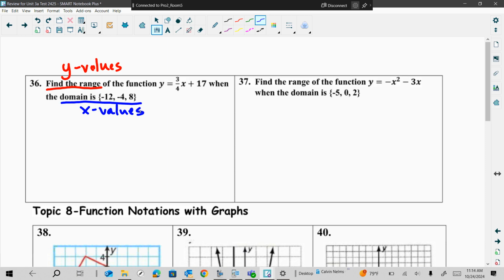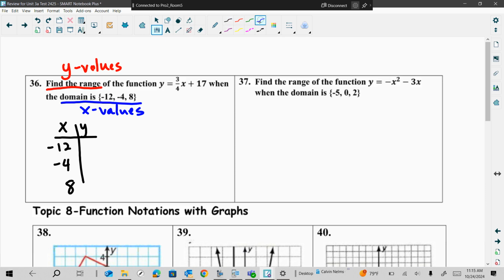So here's a shortcut for how you can do this. Just create a table, x, y. If I give you the x values, that's what you put in the x column: negative 12, negative 4, and 8.